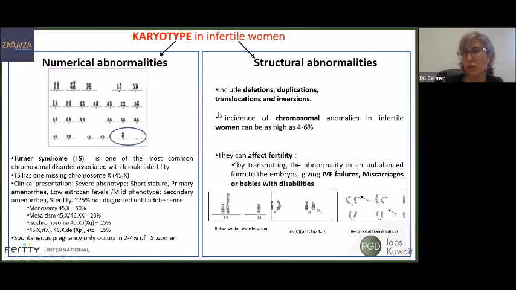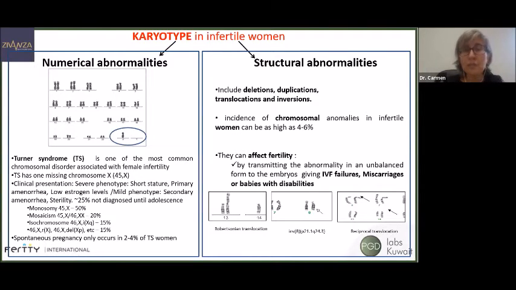We can include deletions, duplications, translocations, inversions. The incidence of these abnormalities in infertile women is higher than in the general population, but usually they are affecting the fertility of these women only by transmitting the abnormality in an unbalanced form to the embryos, to the offspring, causing IVF failures, miscarriages, or babies with disabilities.